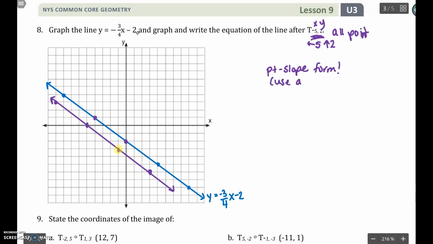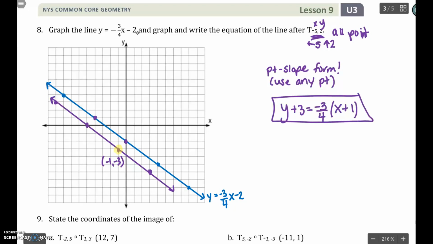So don't forget, you can use any point. This one is -1, -3. So y plus 3 equals, my slope is still -3/4 because it is a parallel line, and x plus 1. And if you would use any of the other points that are on here, like this one, or this one, or this one, that's okay too.